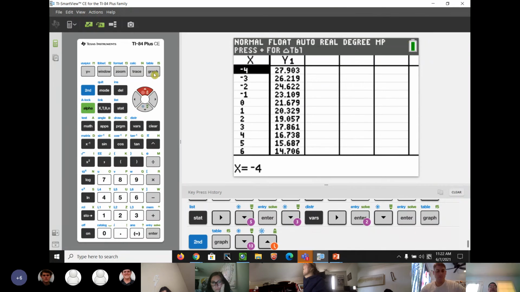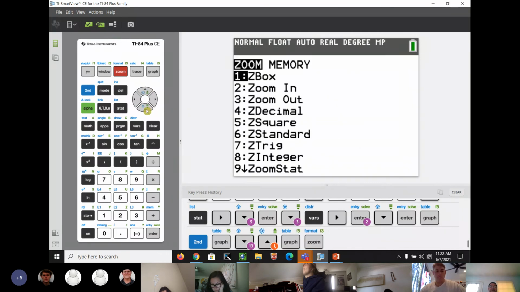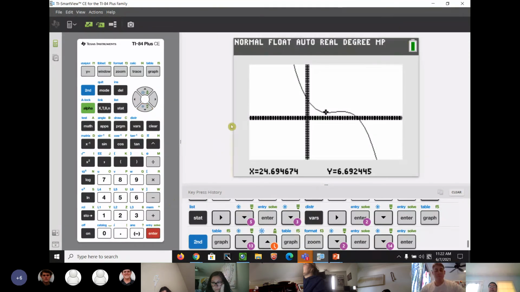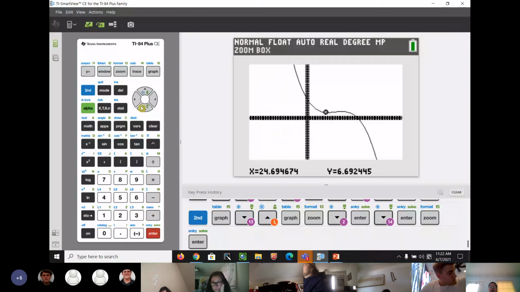Now we're going to look at the graph, and I'm going to zoom out. And I'm just going to hit it one time. I believe hitting it one time will. There it is. And now I'm going to include all of this. I'm going to zoom box. And I'm going to go up to the Y-Intercept.